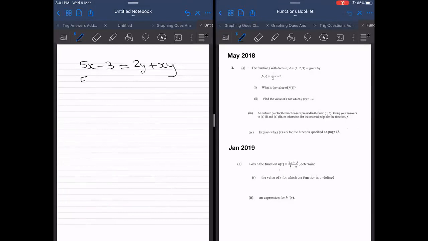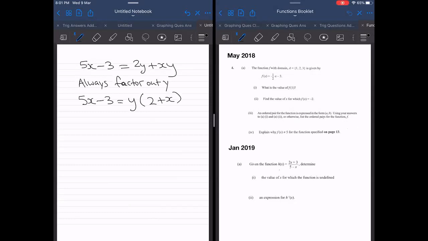Okay, so with these questions, for this specific type where you have the two y's, you always factor out y. So you'll always have the two y's on one side, and then you pull out the y, and that leaves 2 plus x.